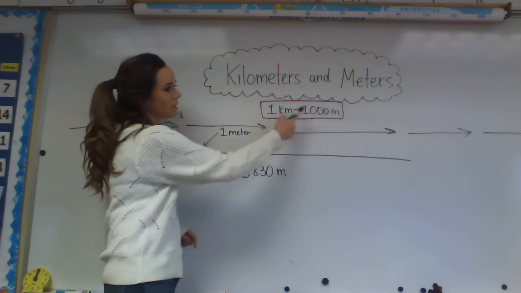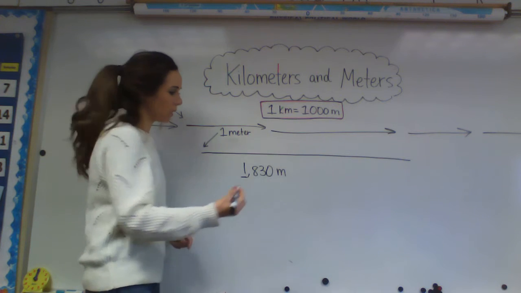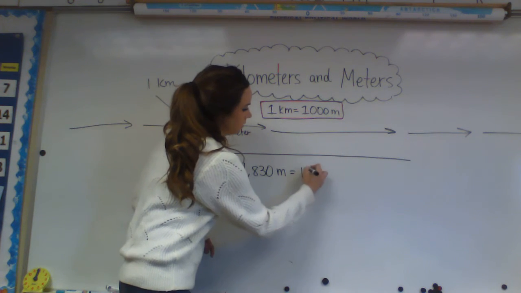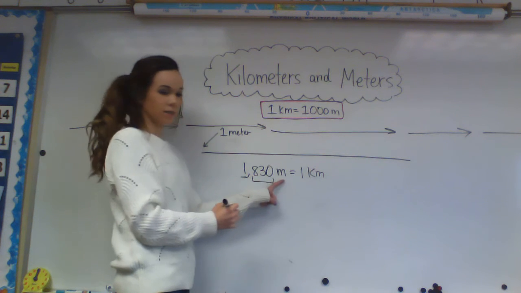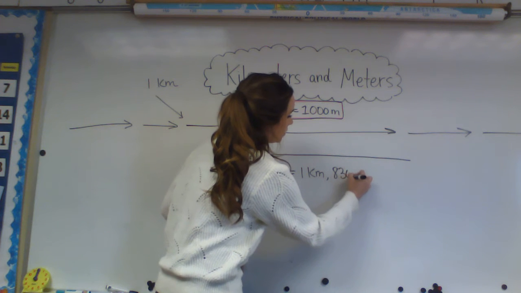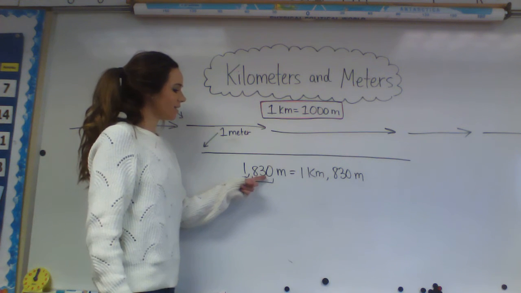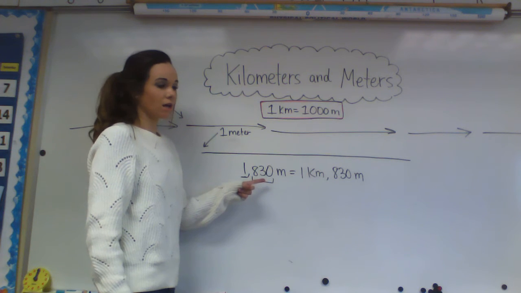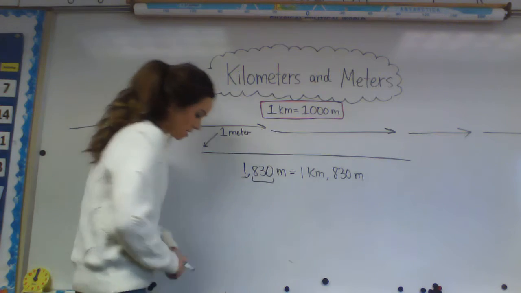So if 1,000 meters equals 1 kilometer, I know I only have 1 kilometer, right? And then I have 830 meters left over. So 830 doesn't give us another kilometer because it's not enough. We need at least 1,000.